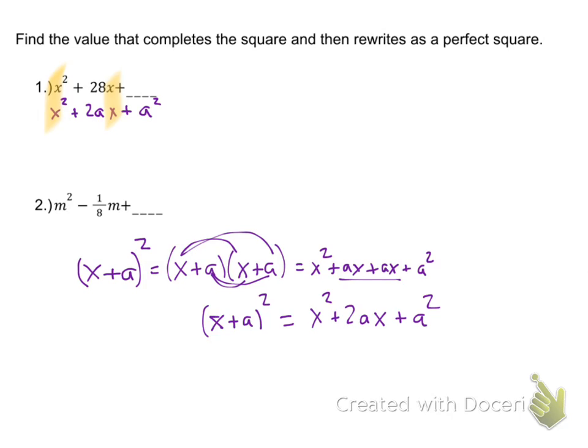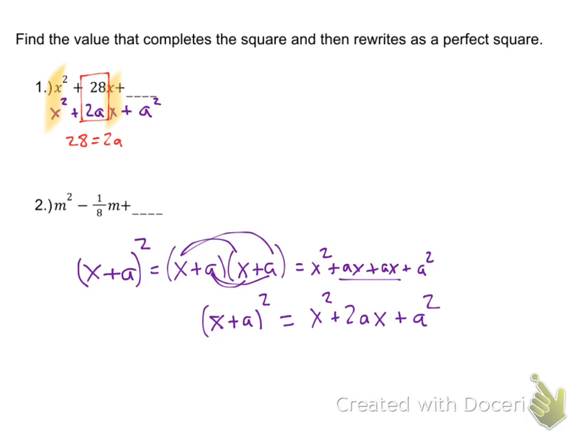So can you guys realize or see that 28 and 2a are in the same exact spot? Yeah. So that means they must be equal. So 28 equals 2a. Could you find a?